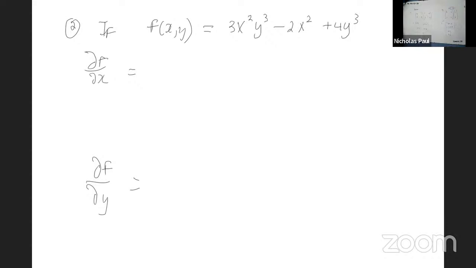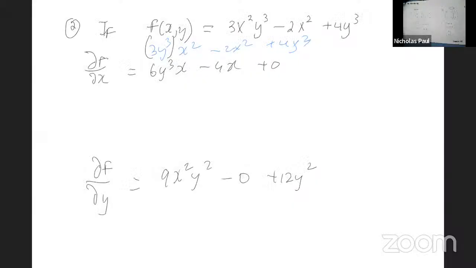All right, so with respect to x, we will get 6. Again, it will be 3y/x.